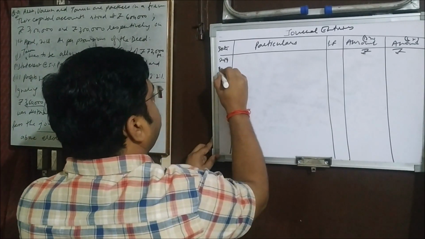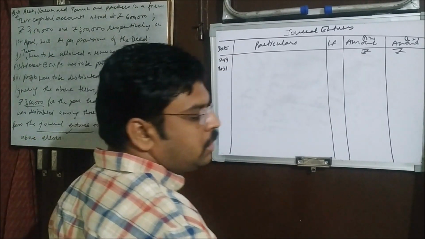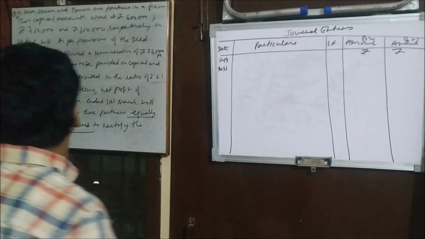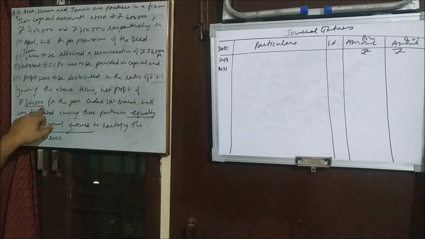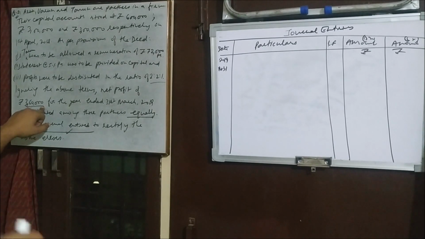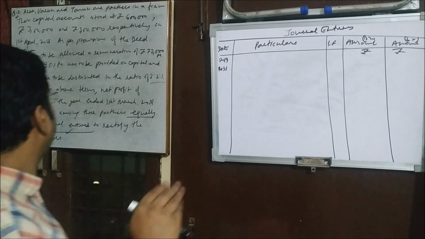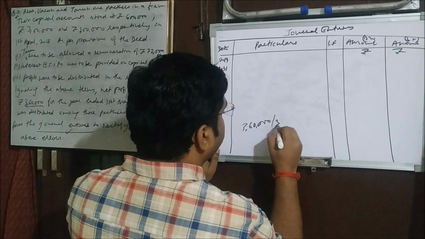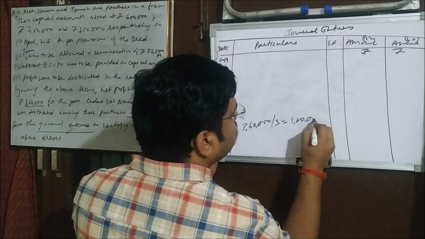So let's see here. You can mention the date, 2019 March 31. This profit has been wrongly distributed, so very first we'll have to take that profit back. Earlier we have credited it to partners capital account, now the partners capital account needs to be debited. So very first let's calculate the amount. 3,60,000 equally divided means 1,20,000 each.